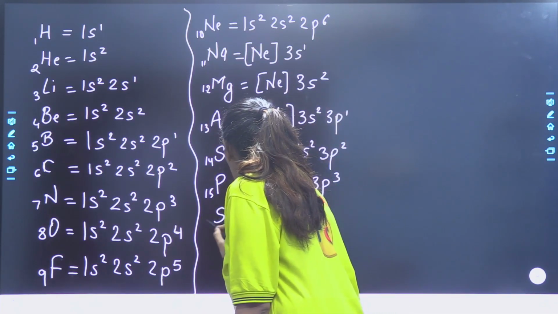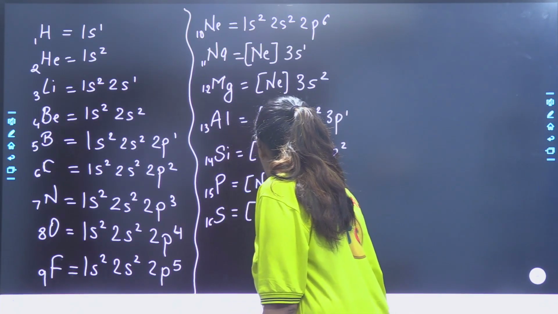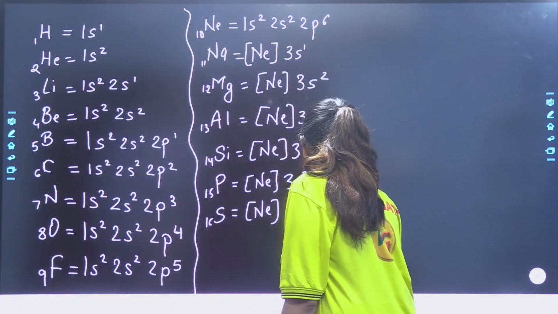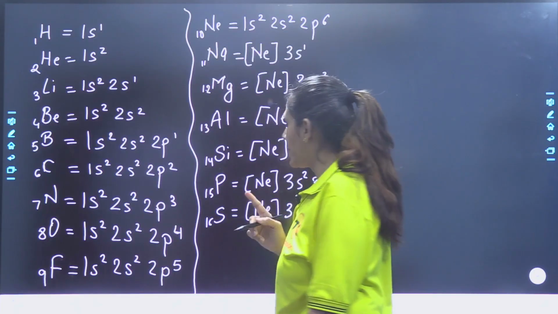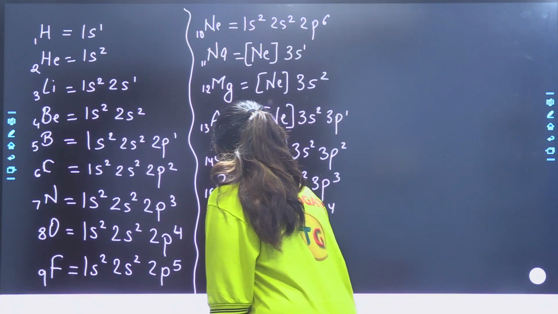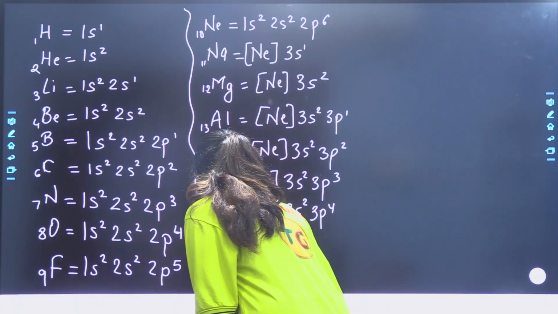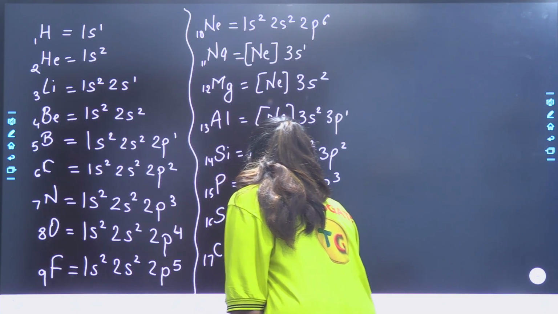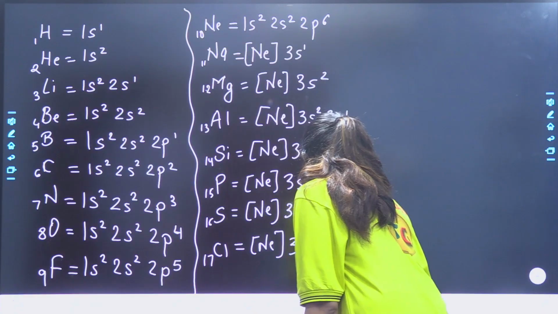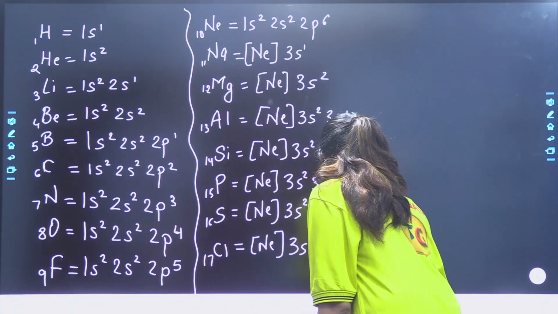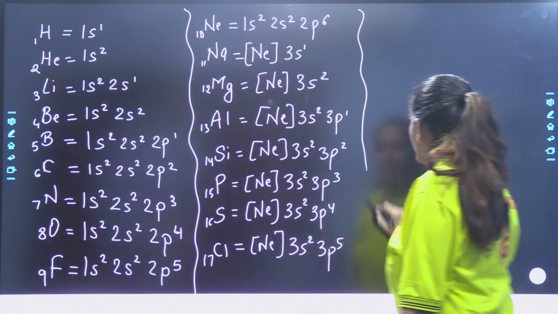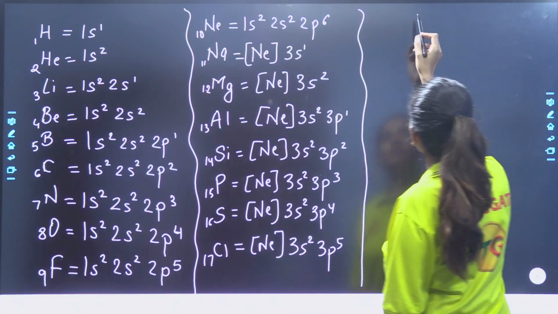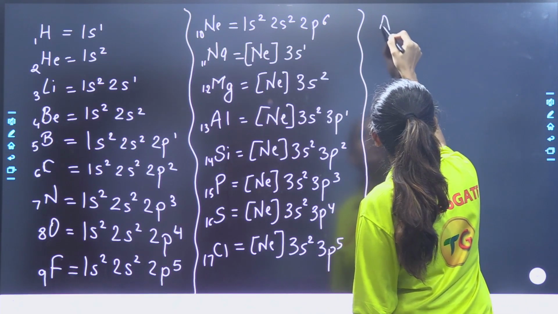Then next is sulfur. We are writing the electronic configuration of all the elements up to atomic number 20. Then chlorine. After that, what do we have next? Argon.